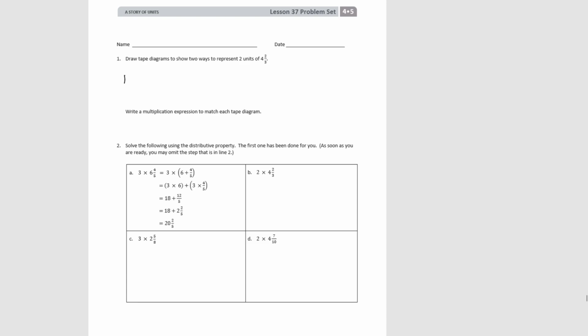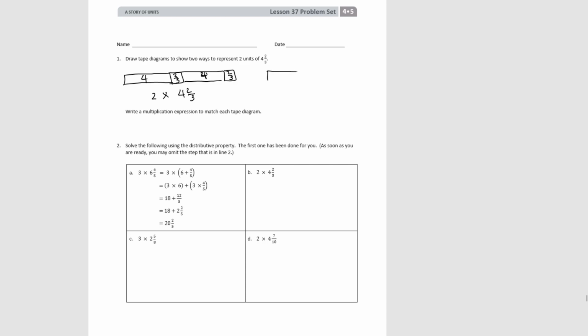Okay, so we could show this as 4 and 2/3, and then 4 and 2/3 again. And it tells us to write the multiplication expression to match this. So this would be 2 times 4 and 2/3.